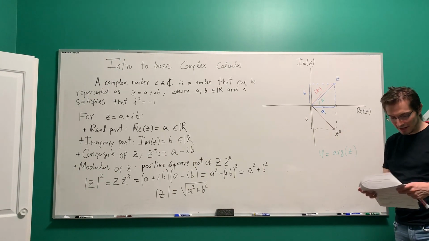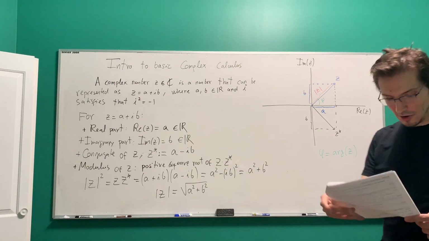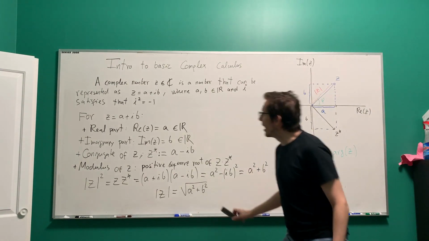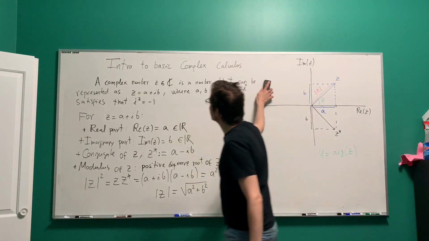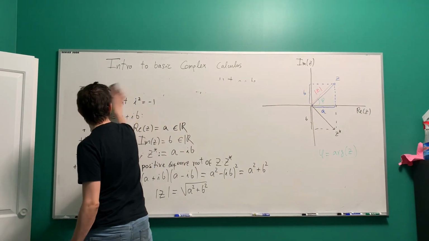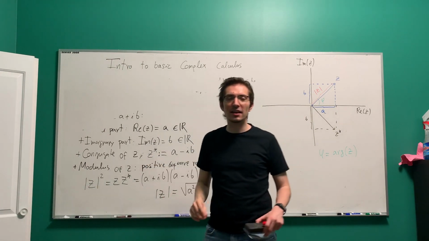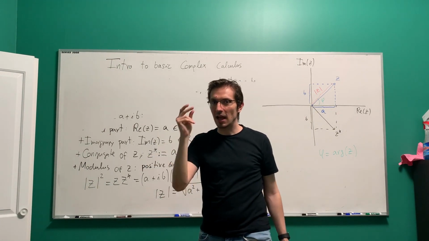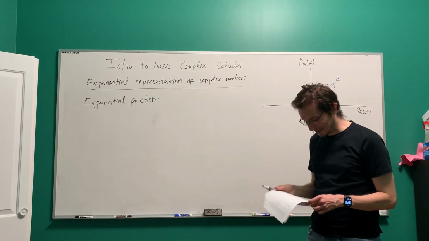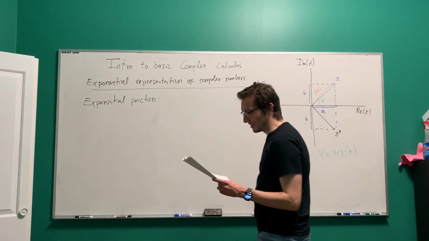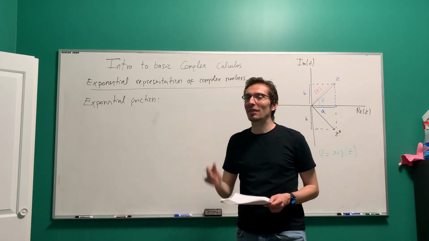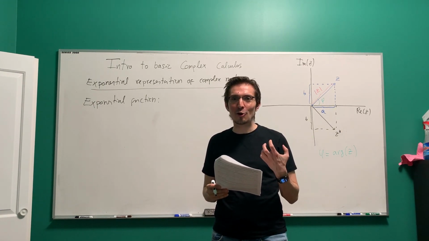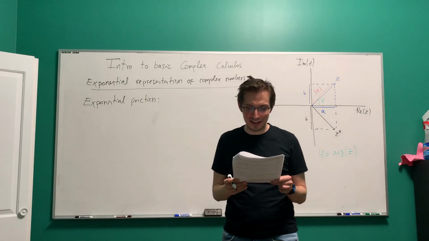Let's talk about the exponential representation of complex numbers. Actually, what I will do is, with the magic of editing videos, I'll erase this. So, what is an exponential function? You're familiar with e to the something as being the exponential function. But what is really the core of what we call an exponential function?